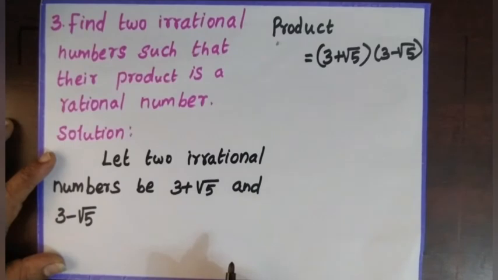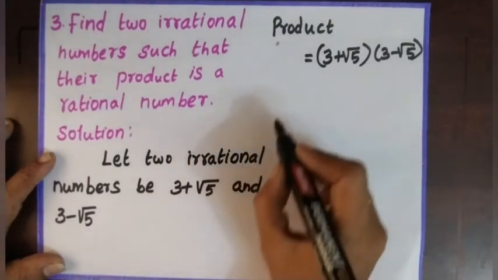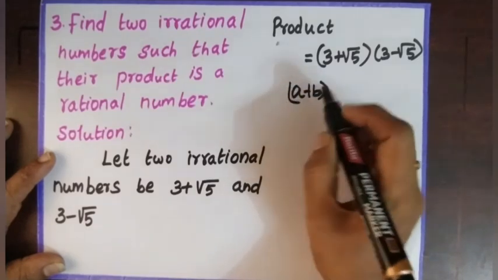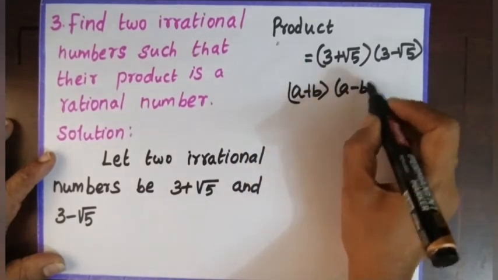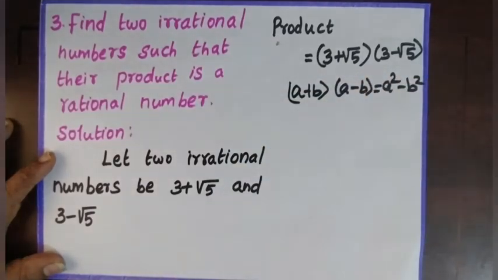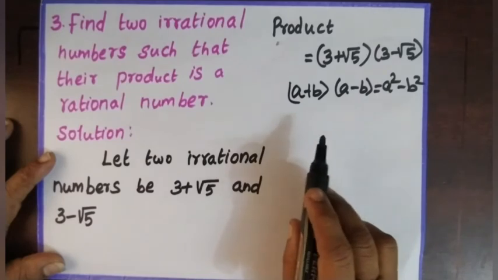It is in the form (a plus b)(a minus b) equal to a square minus b square. This is the identity we are using here.